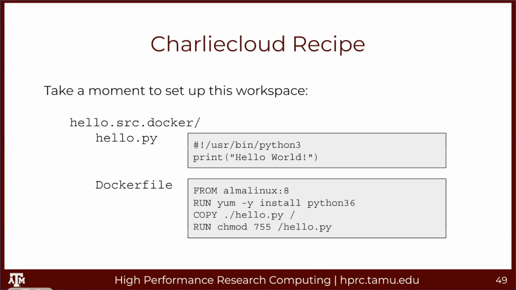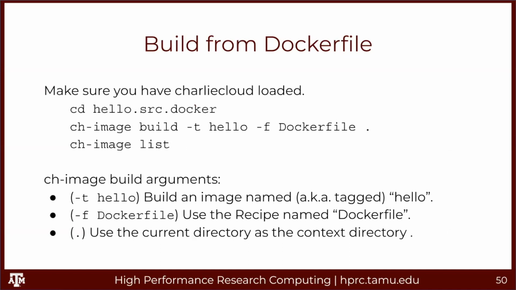So let's learn how to use Charliecloud to build an image from a recipe. So we have the chimage build tool, and it has a couple of arguments. The -t argument is what would you like to name the image? The -f argument is where is the recipe file?